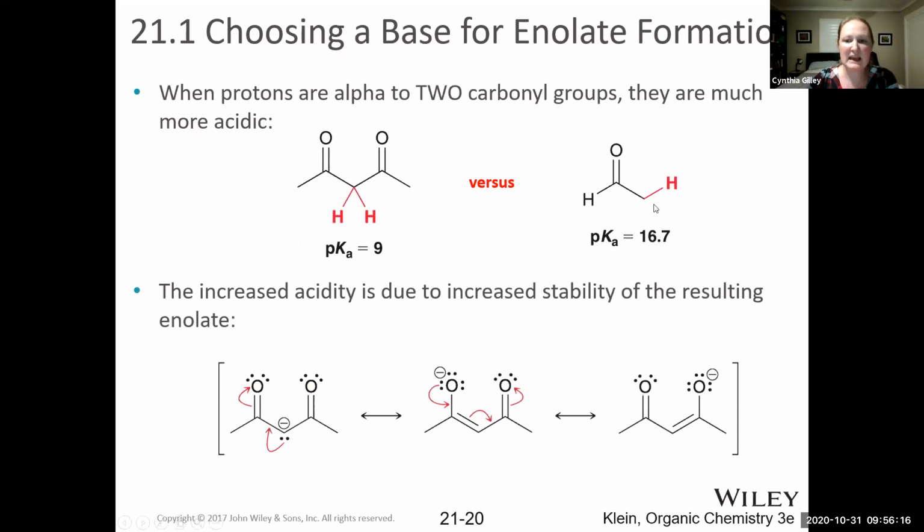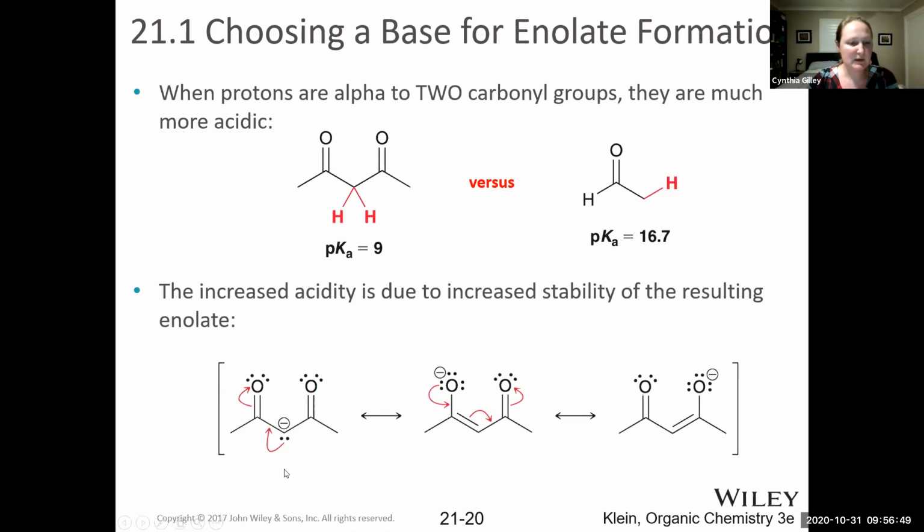Let's compare the pKa of the alpha hydrogen of acetaldehyde with the pKa of the hydrogens interior to two carbonyls in a 1,3 diketone. These hydrogens are actually more acidic than typical alpha hydrogens. They are attached to the alpha carbon of a ketone, but notice how they are attached to the alpha carbon of two ketones. So that makes them more acidic than typical hydrogens in the alpha position, and the pKa is more like 9.